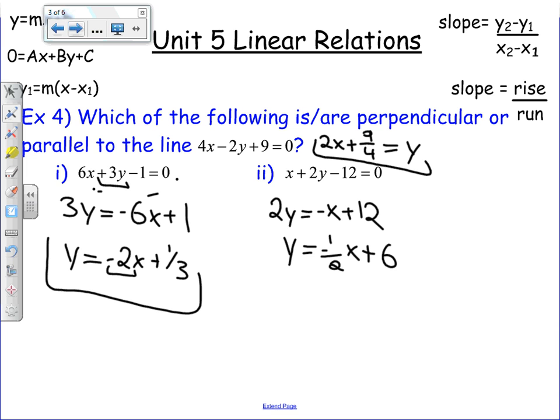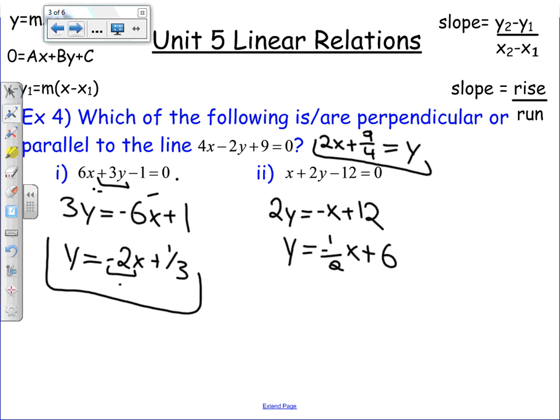They both have a slope of 2, but this one is negative 2. So it's going downwards at the same rate, which wouldn't work out. Yep. Would it be perpendicular? Nope. It's negative, which is good, but what is it not? A reciprocal. So I is neither.